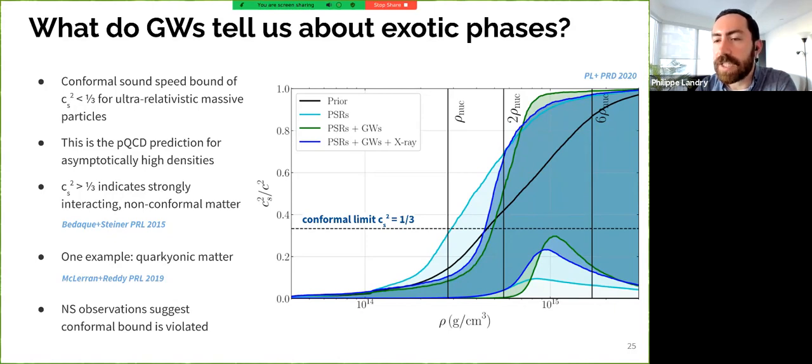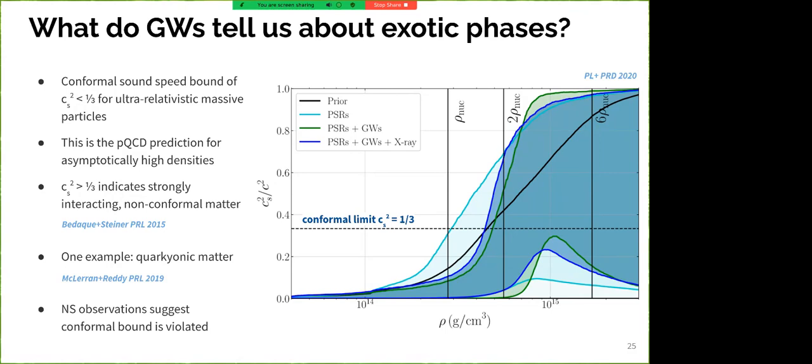So there's definitely support in the prior for things that violate the conformal limit, but there's more support for things that live below it. When you condition on the observations, then that flips. Now there's more support for things that violate the conformal limit, although there are still some models that are below it.